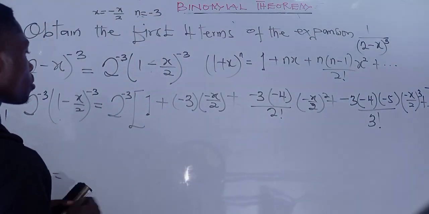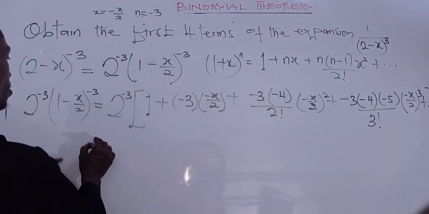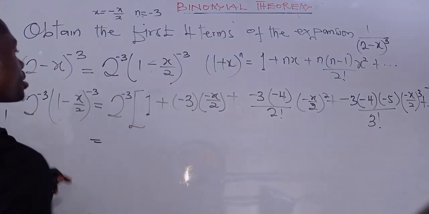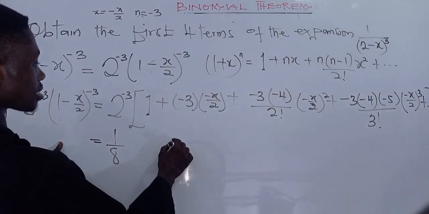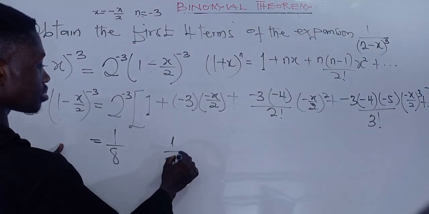Now let's do some algebra here. So 2 raised to the power negative 3 will give you 1 over 8. This is the same as 1 over 2 raised to the power 3.